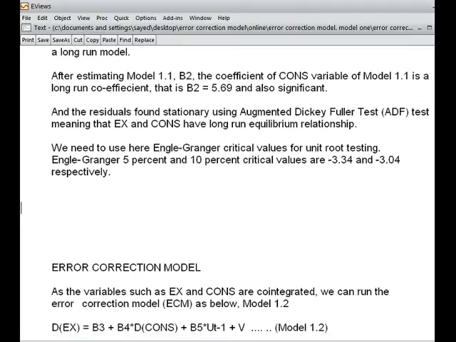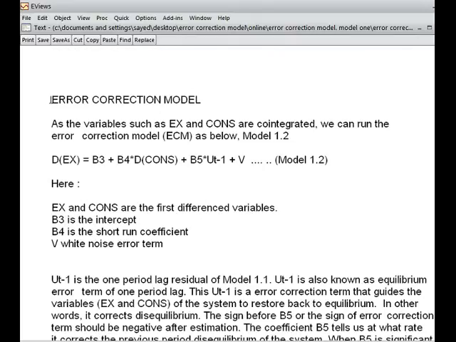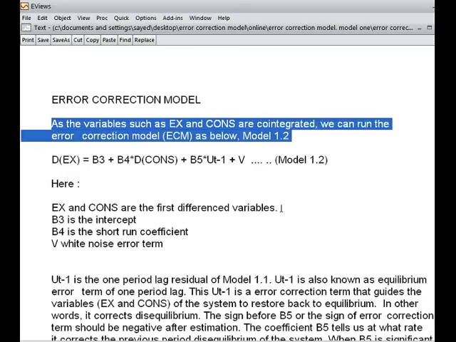Okay, and when the variables are co-integrated, then we can run the error correction model. Error correction model we can run only when the variables are co-integrated. So as the variables such as ex and cons are co-integrated, we can run the error correction model as below, model 1.2.